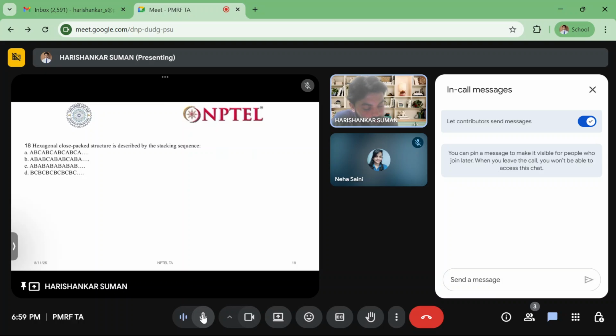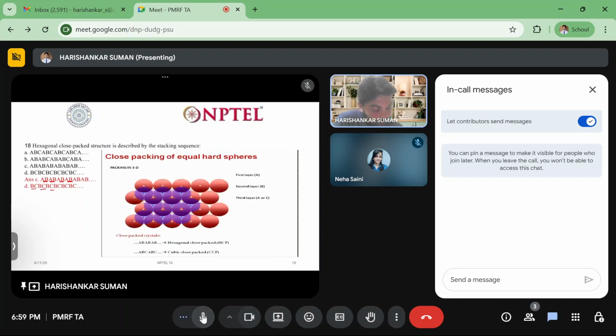The hexagonal close-packed structure is described by the stacking sequence ABC ABC, or AB AB AB, or ABC AB, or BC BC BC. So the answer is AB AB AB for hexagonal close packed.